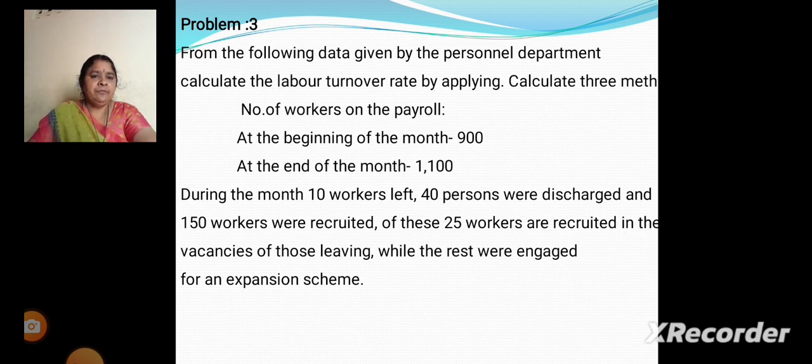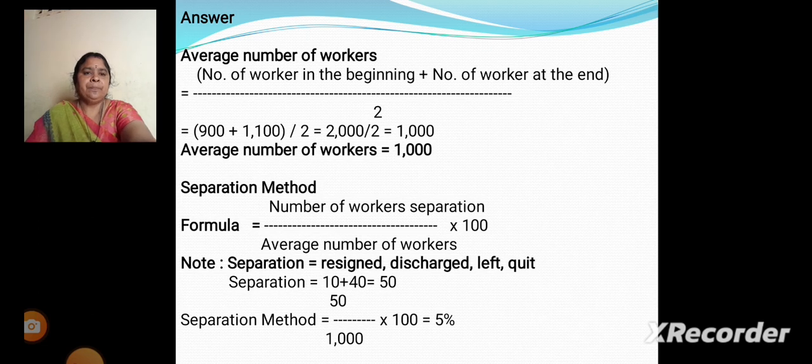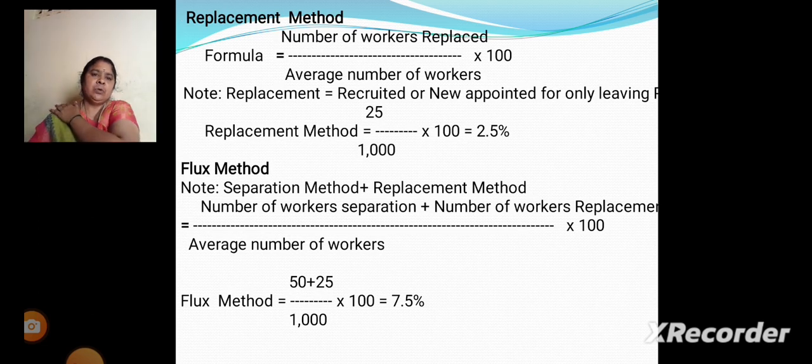Out of 150 workers, 25 workers are recruited in the vacancies. And the balance, that is, the rest 125 workers, is the expansion scheme workers. So we have to take only 25, not include 125 workers. Okay. So replacement equal to 25 workers. Number of workers replaced divided by average number of workers equal to 25 divided by 1000 into 100, 2.5%.